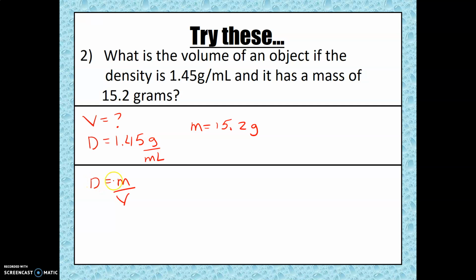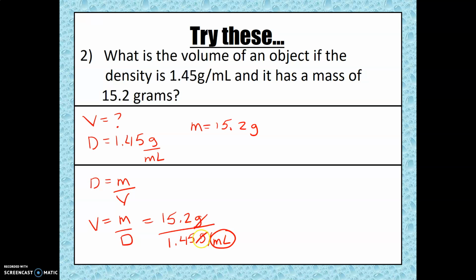So instead of density is mass per volume, we're going to move volume up to the top and say that volume is mass over density. 15.2 grams divided by 1.45 grams per milliliter. Grams on top, grams on bottom cancels.